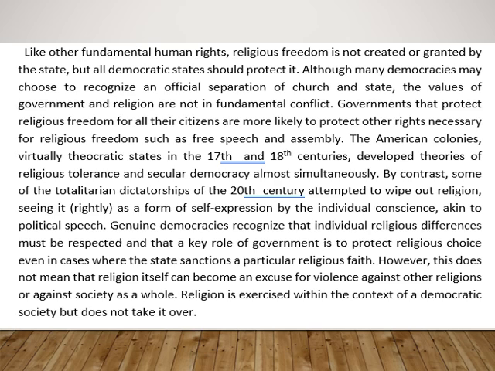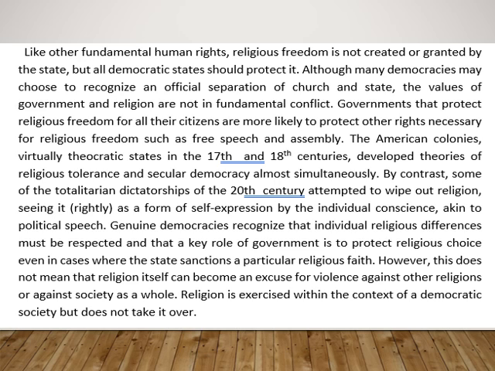By contrast, some of the totalitarian dictatorships during the 19th and 20th centuries attempted to wipe out religion, seeing it rightly as a form of self-expression by the individual conscience, akin to political speech.